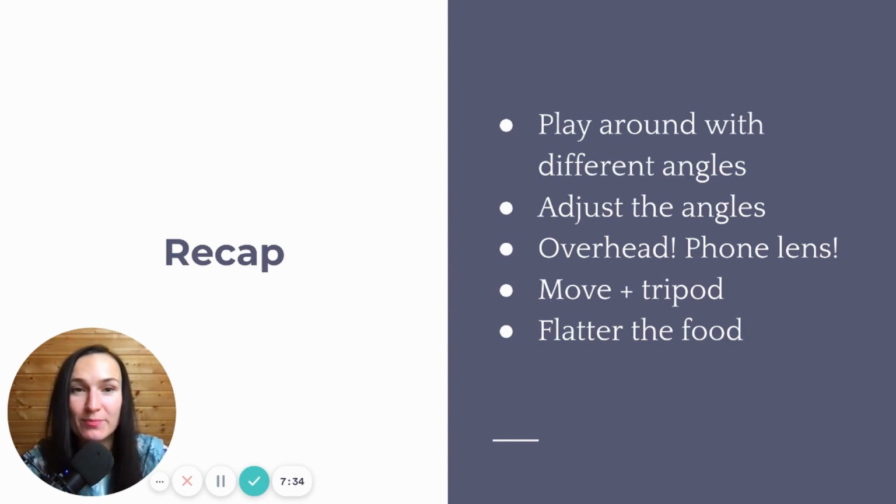So, recap. Let's breathe a little bit and think about what we just learned. Most importantly, play around with different angles. Just keep on moving around, because sometimes you see something with the eye, unless your eyes are super, super trained.